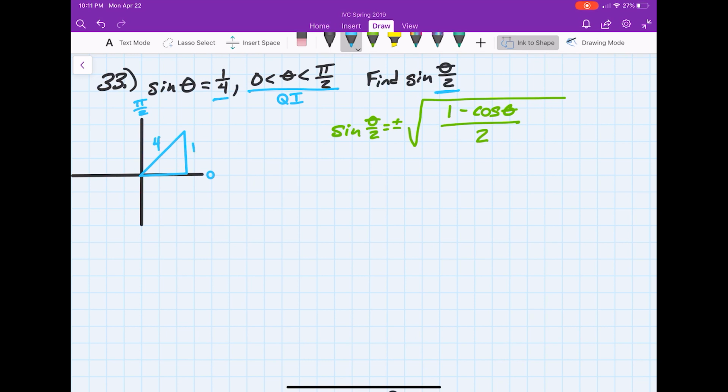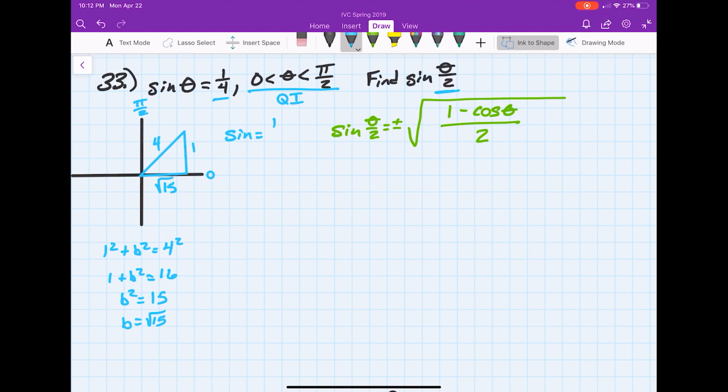Our hypotenuse is 4 and our y value is 1. So if we work this out with the Pythagorean theorem, we're going to ultimately get b is equal to the square root of 15. But just to do it real quick here, I'm going to subtract 1 from both sides. B squared is equal to 15. And then, of course, we'll square root both sides, and then we have square root of 15. So now we know what cosine is going to be because it's adjacent over hypotenuse.